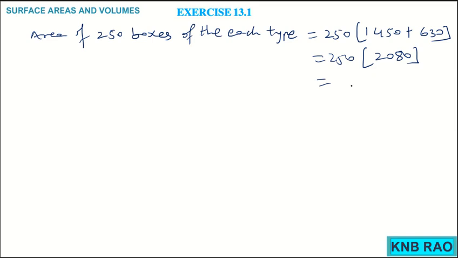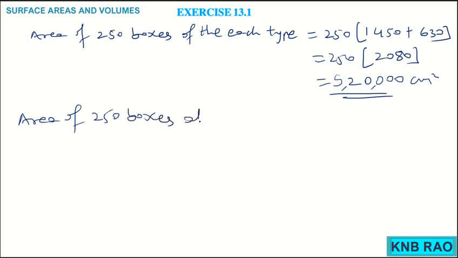So here, once I multiply, I will get 5,20,000 centimeter square, and the area of 250 boxes along with the overlapping will be 5% extra.